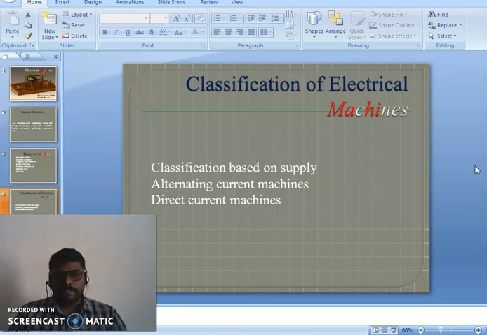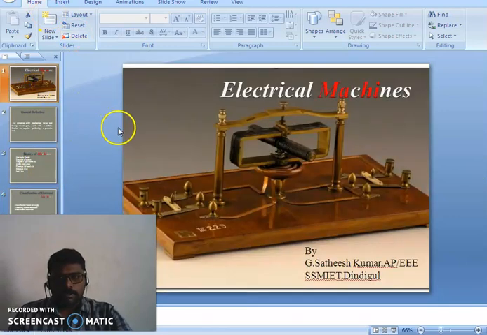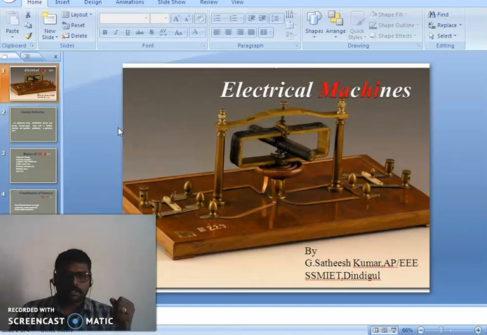We will deal with the transformer as well as generator and motor deeply in the forthcoming sessions, okay? Now, we just go through what the basics are. Hopefully, you will understand what we are going to see in the next few sessions. We are going to see about electrical machines 1.